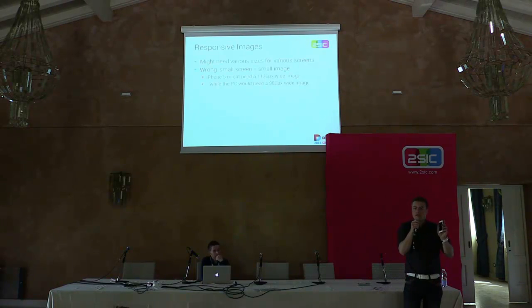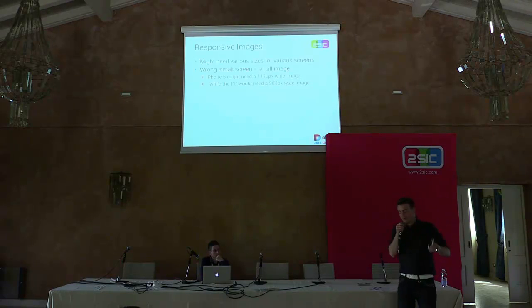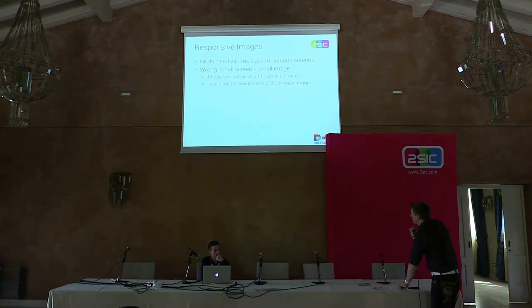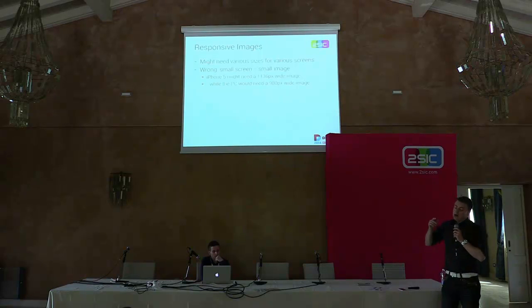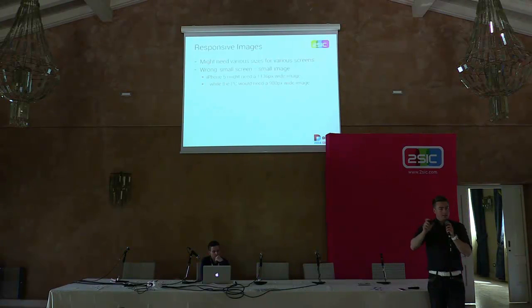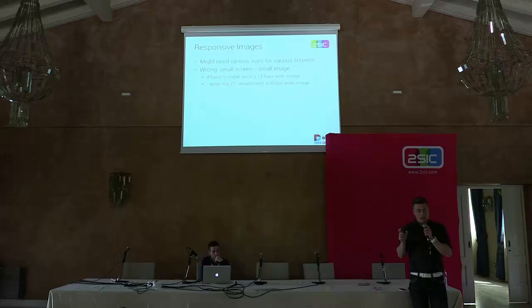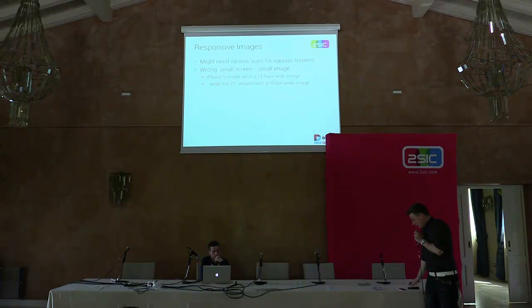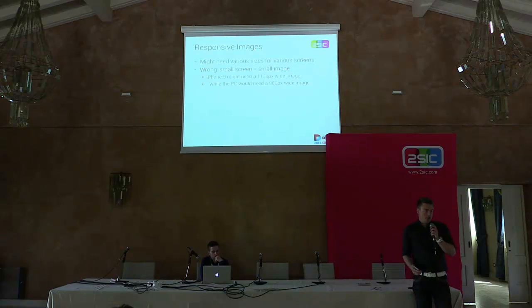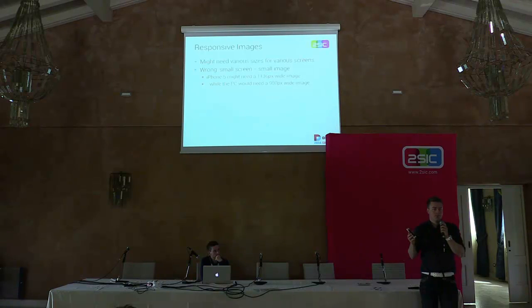So if you deliver a 320 pixel image here, it'll actually look fuzzy. I'm going to show you some examples afterwards. So the device claims to be a little smaller than it actually is, and a funny side effect is that if you have a full screen picture, you may need a bigger one on a small device than on a PC.